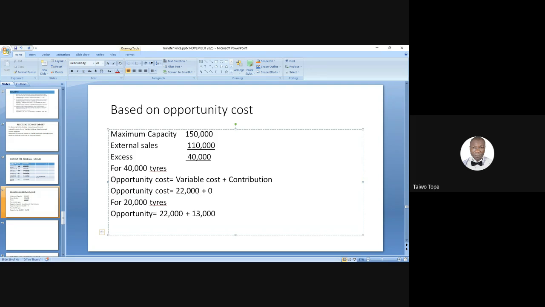But in this case, whereby 20,000 tires is required out of the major competitive units that they have to give to the external customers, division Y will have to buy at the external market price, which will be 35,000 naira. So those are the two prices that will be quoted.